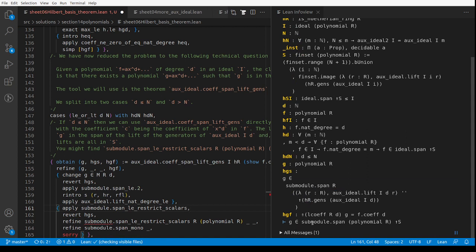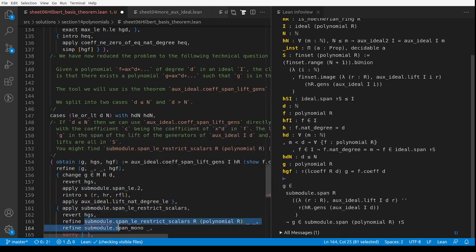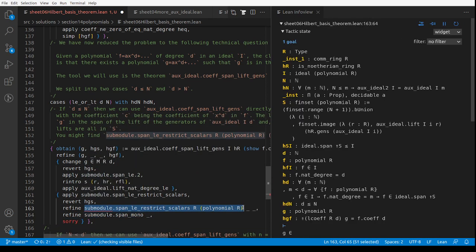So now G is in that polynomial. Yeah, okay, all right. Well, let's make the thing that we're trying to make.